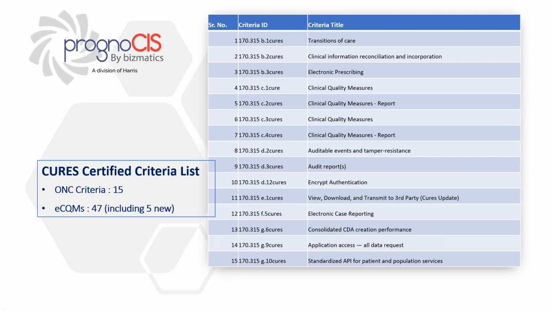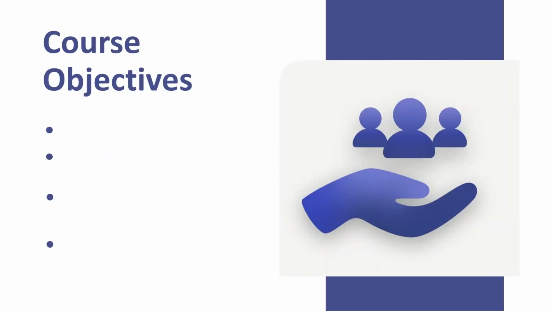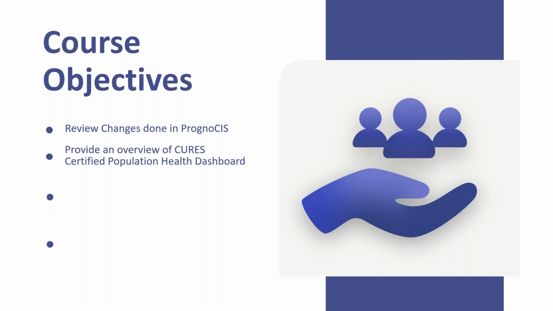The Cures certification criteria list is now ONC criteria 15, and eCQMs 47, including 5 new measures. In today's course, we're going to cover the changes made in PrognoCIS and go over the Cures Certification Population Health Dashboard.